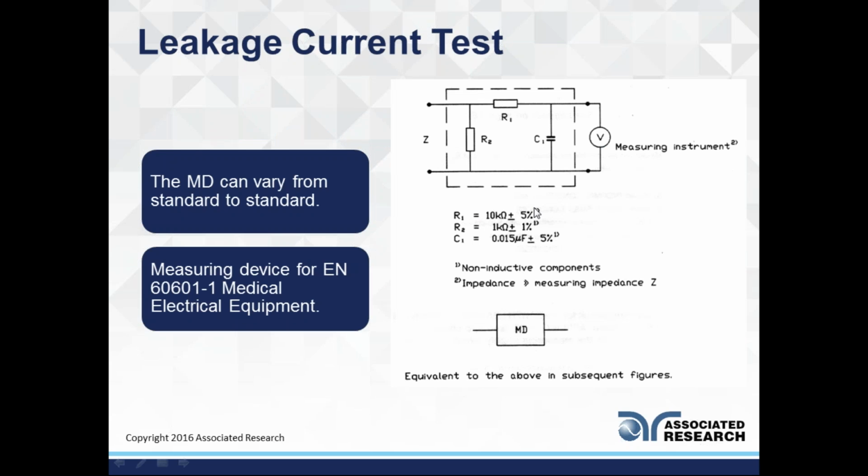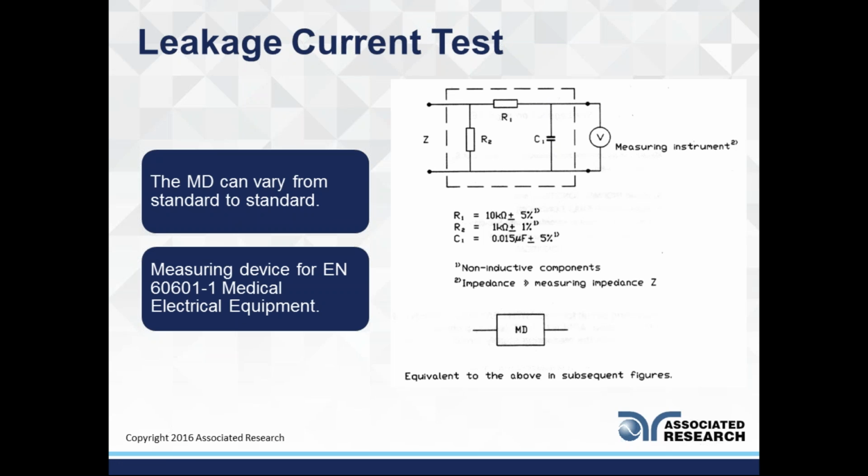The measuring device that you're using, I know in an Omnia 2, which is the instrument which predominantly dominates the leakage current testing industry, we have a plethora of different measuring devices, but they're really simple components. 2 resistors and a capacitor.